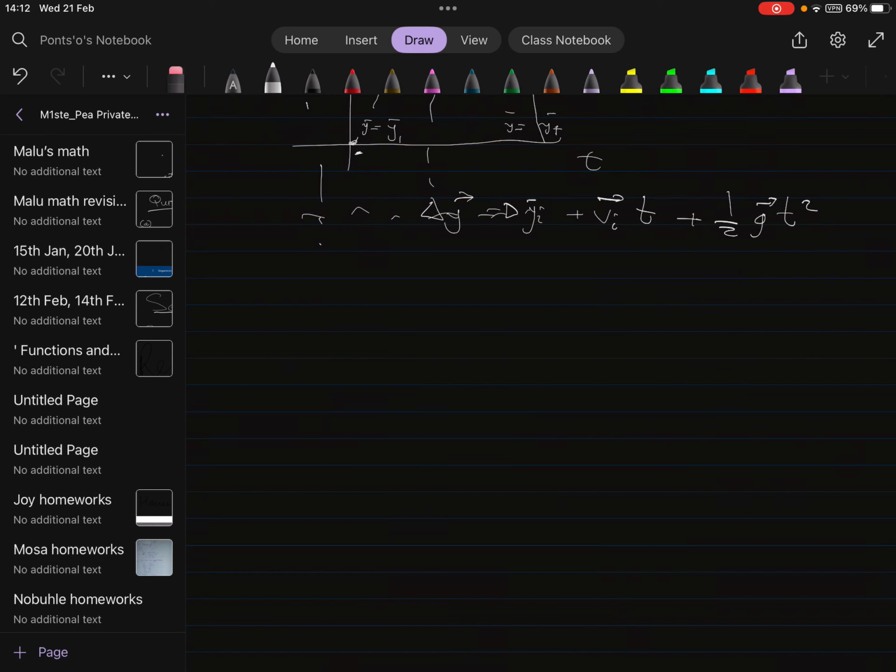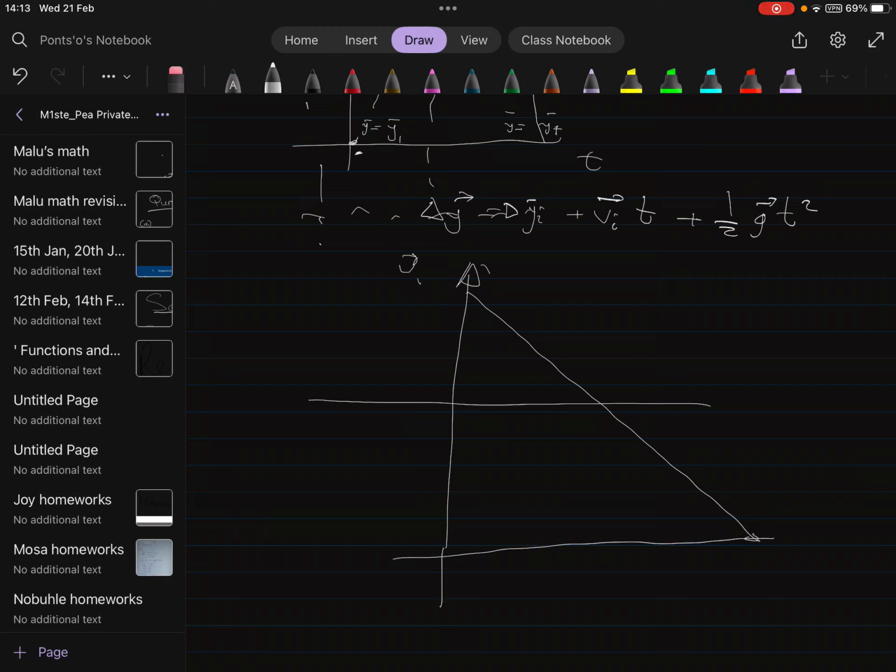final velocity is the initial velocity plus the acceleration due to gravity, and this multiplies by time. So a graph looks something like that, where that is initial velocity and somewhere there is our final velocity.